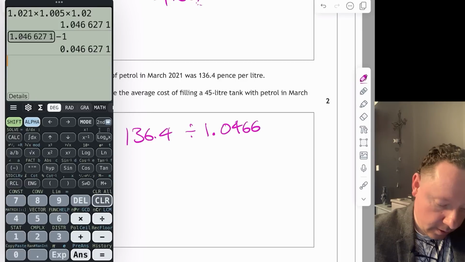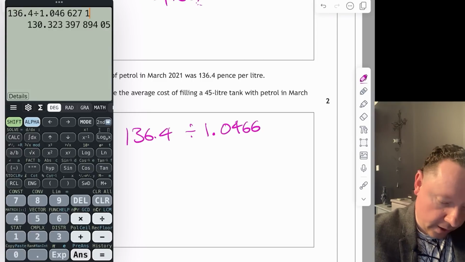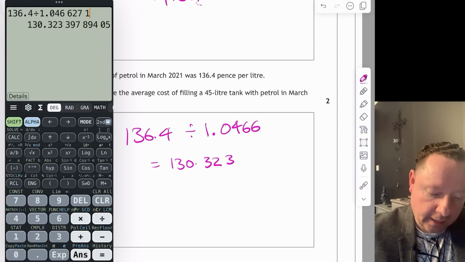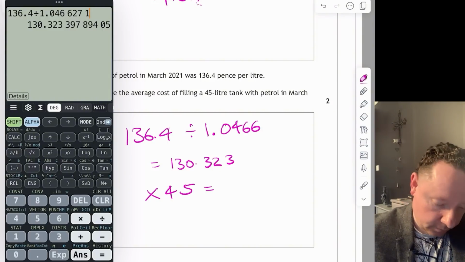1.0466271. That'll just divide by 1.0466271. That gives me 130.323. So I then need to times that by 45 because it's 45 litres. So just times straight away by 45.